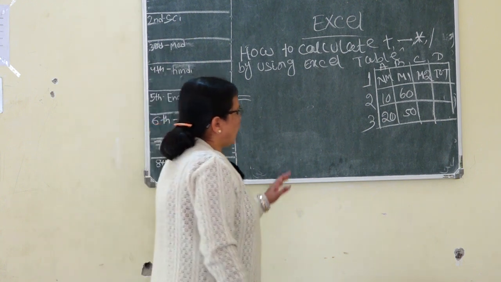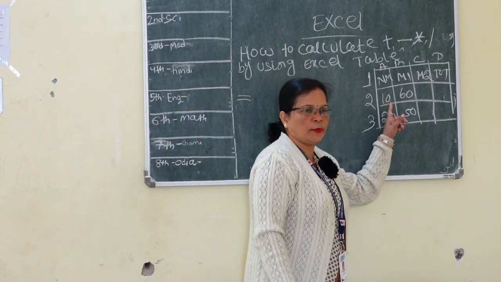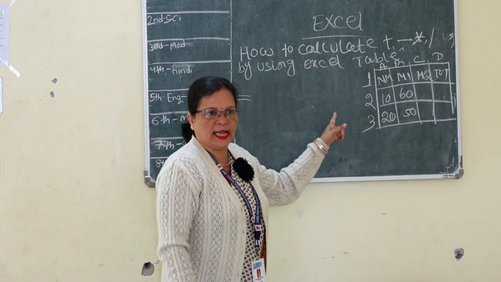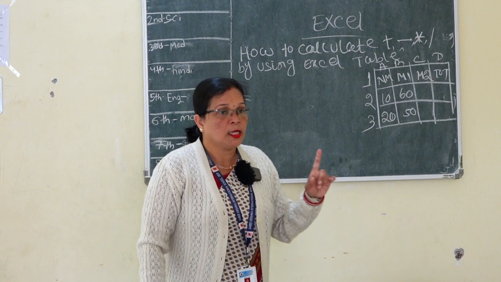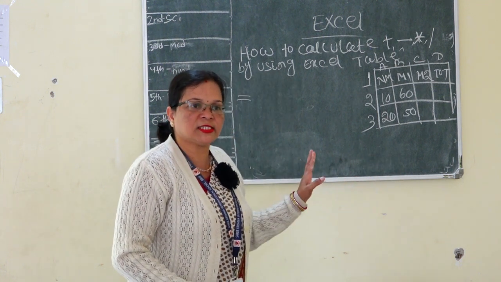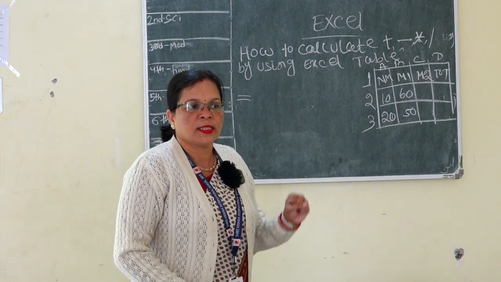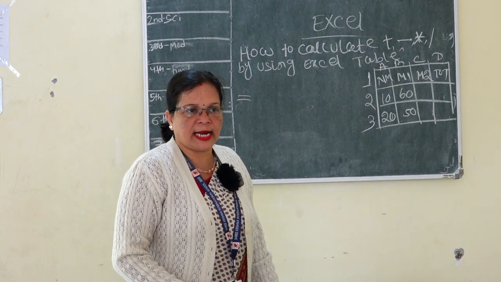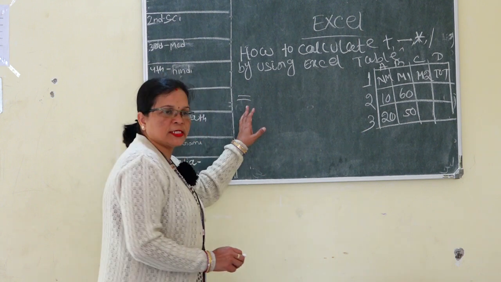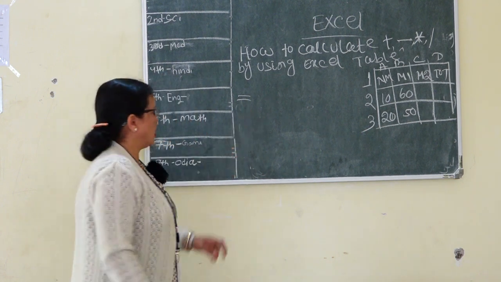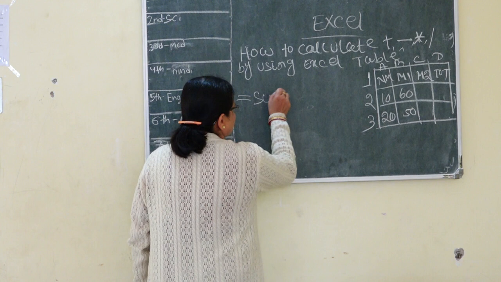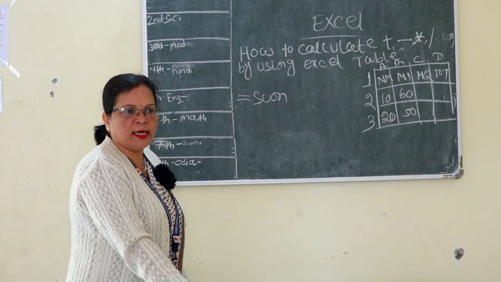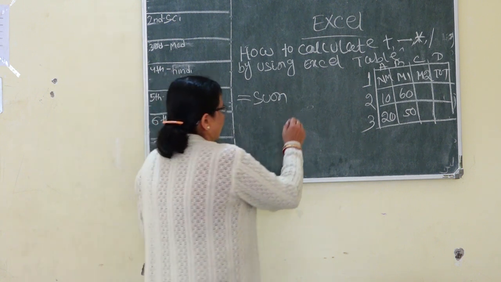So now we will calculate what is the total of 10 and 60. But one thing, the computer does not understand what is 10 and what is 60. So now we will write the cell address. So first we will give the equal sign, then write down sum, because our formula is plus, minus, into and division. Equal sign sum.